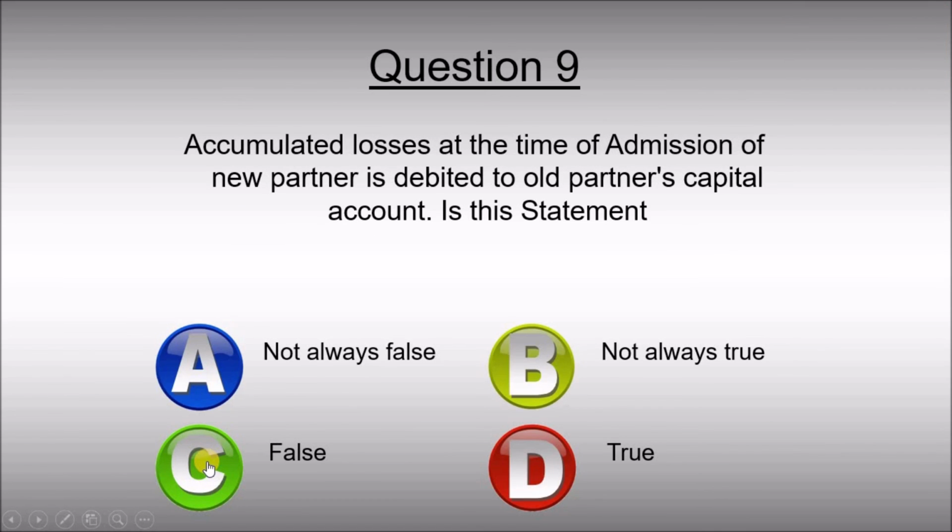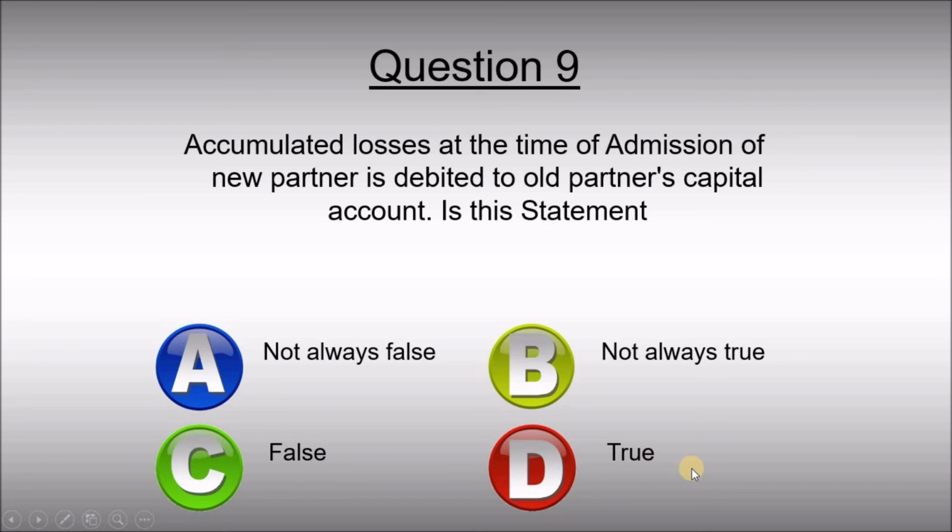Now come to question number 9. Accumulated losses at the time of admission of new partner is debited to old partners' capital account. Is this statement A, not always false, B, not always true, C, false, D, true?